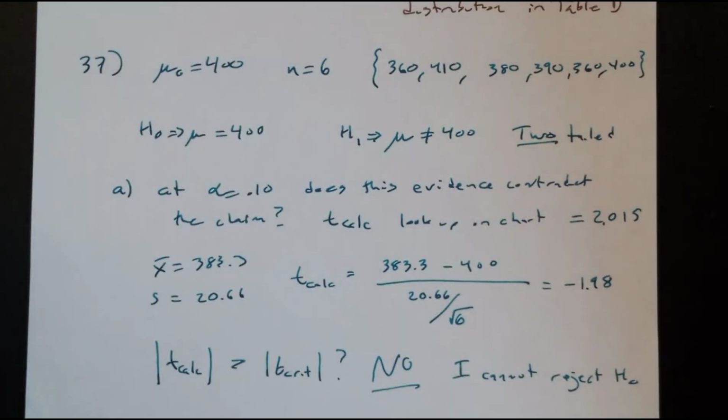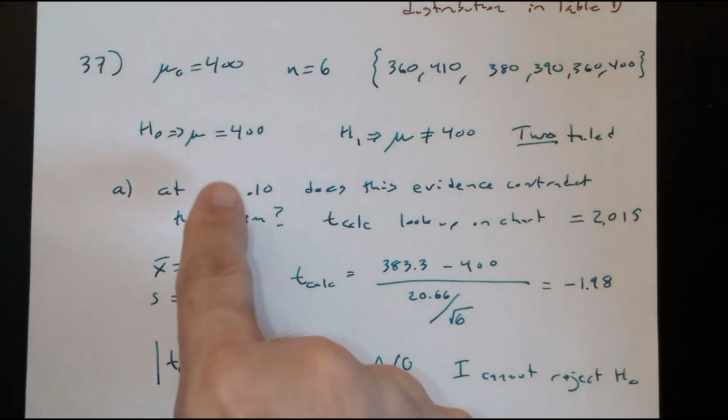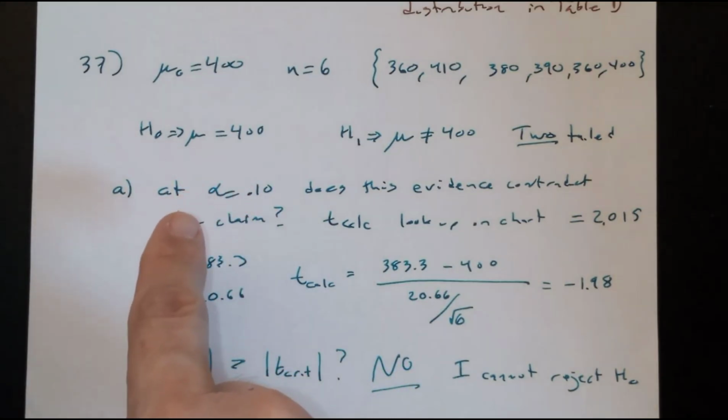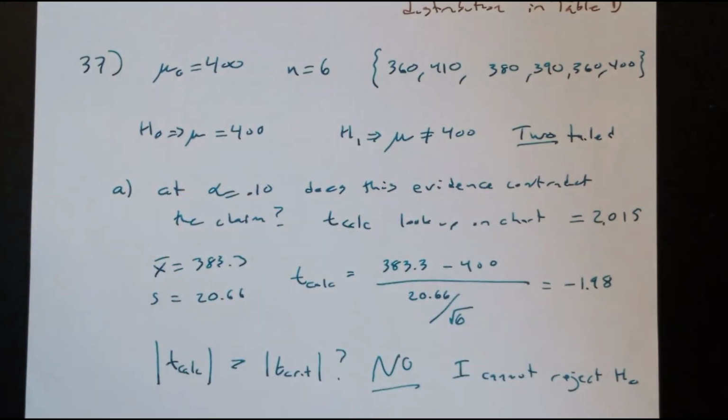If I did a 1-tail test, then my null hypothesis would be mu bigger than or equal to 400. And the alternate hypothesis would be strictly less than 400, one side, right? And as a 1-tail test, this evidence doesn't support the claim. If we switch from 2-tail to 1-tail, we actually reject the null hypothesis.